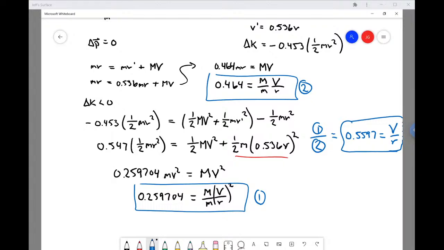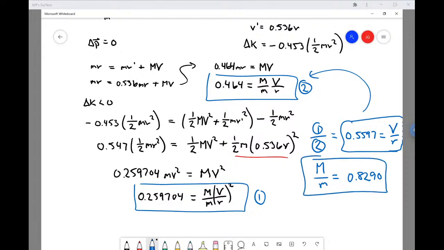All right, and then once we find that, we can plug it back in up here, and we can solve for that other ratio, big M over little m equals 0.8290. Okay, and we're done. Those are the two answers that we're looking for.